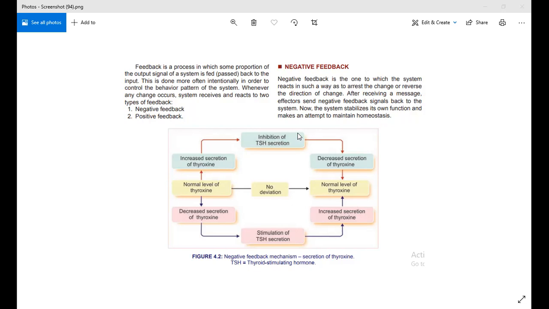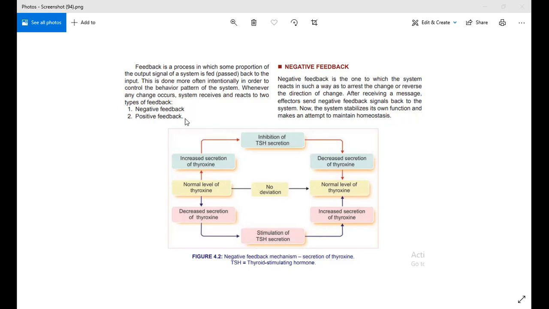So to prevent that danger, or what we call a vicious circle, we need to inhibit TSH so that we can decrease thyroxine and have a normal amount of thyroxine. When thyroxine decreases, we need to stimulate TSH, so that we can increase the amount. So this is negative feedback. The output is opposite to the input. That is what happens in a negative feedback.